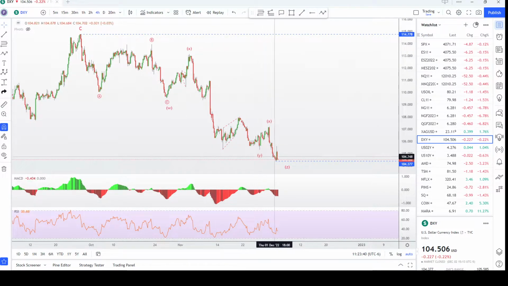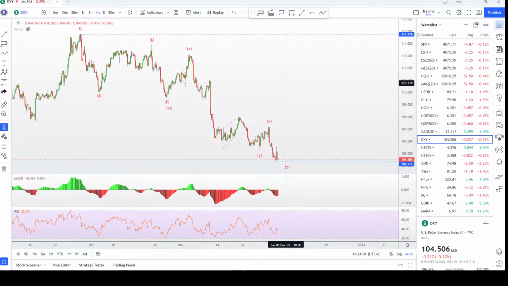And I've changed my labeling, but it doesn't change the overall bias that we still need the dollar to go down a little bit. So there's two labelings that I see are in play.